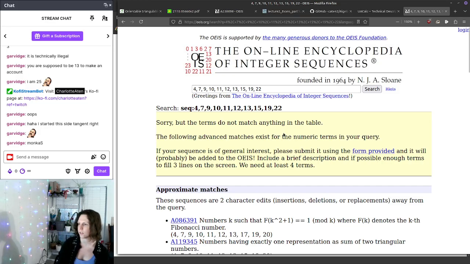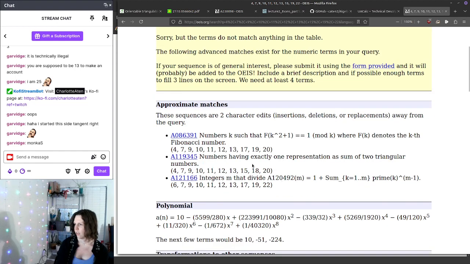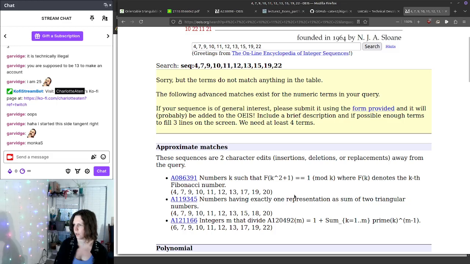No exact match. Two character edits. 4, 7, 9, 10, 11, 12, 13. Oh, then it goes 17, 19, 20.